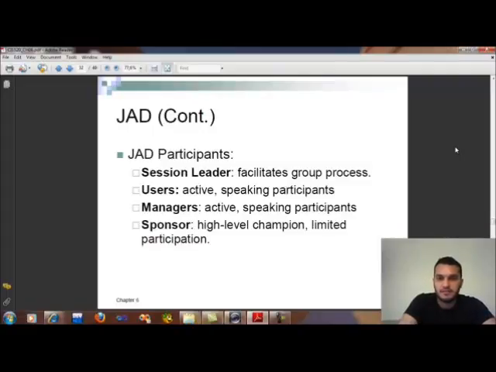JAD participants and a session leader have to facilitate the group process. Who are the users? Active, speaking participants. Who are the managers? Active, speaking participants. Who is the sponsor? A high-level champion with limited participation.